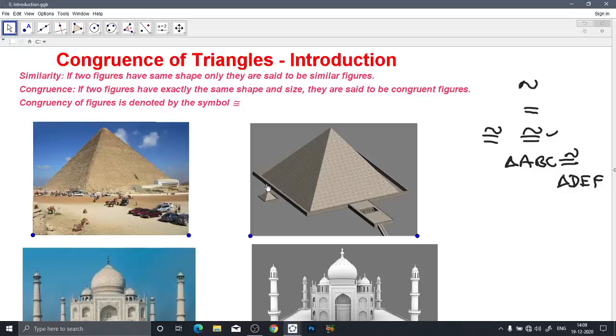There is a lot of difference in size, but the shape is the same here. So these types of figures are called similar figures only. That's why these two figures are similar only, not congruent.